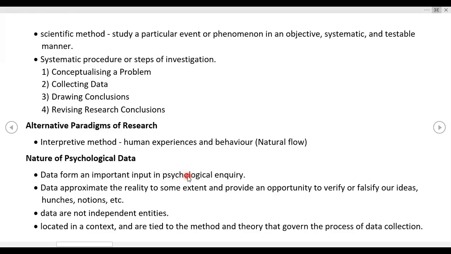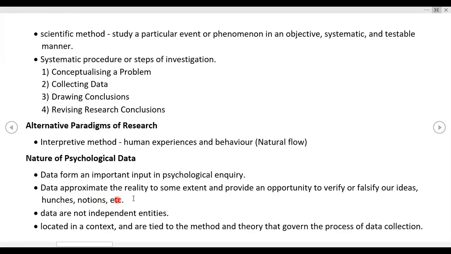So yes, data is really important. Data is nothing but you are trying to make the behavior into words, the behavior into numbers, into an understanding, making sense out of the observation you have collected.